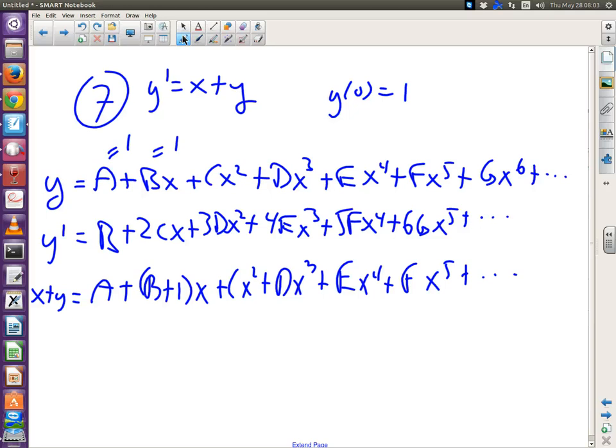A is 1. B is 1. But 2c, here we go. 2c is b plus 1, but b is 1. So c is 1. Oh, okay.